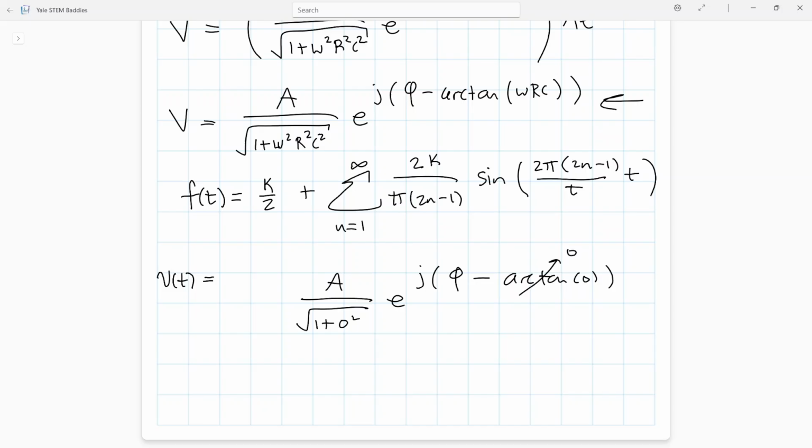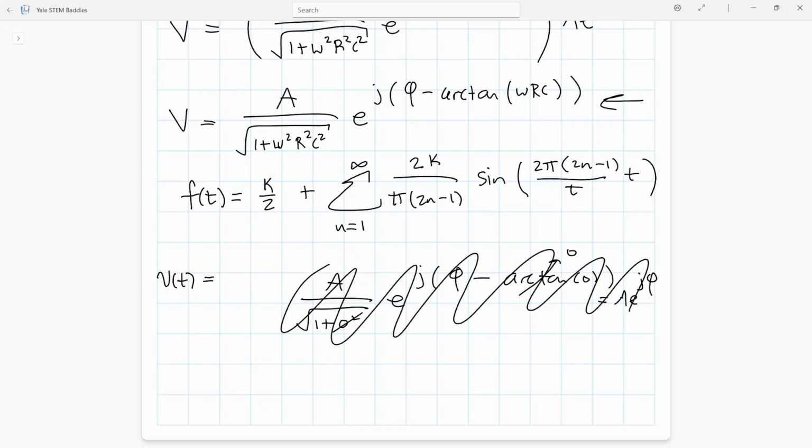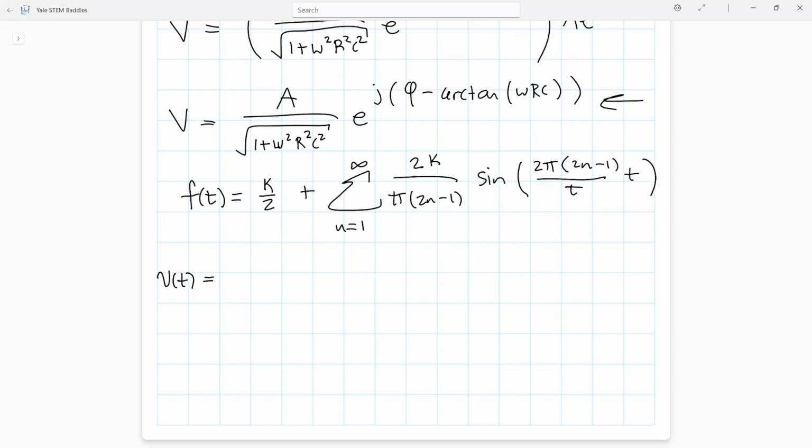Well, arctangent of 0 is 0. This goes away, so we're just still left with a times e to the j phi. So basically, constant terms where omega equals 0, they have no frequency, they can just pass through unscathed.